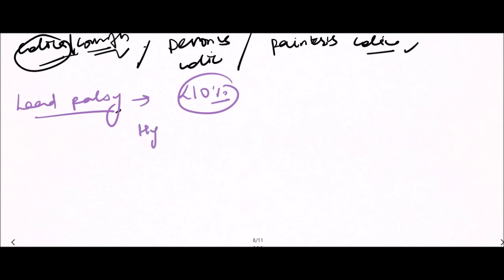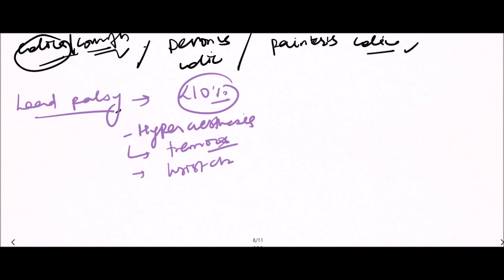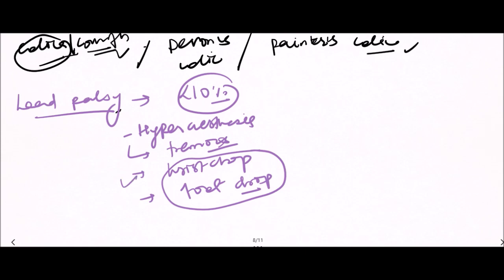There is hyperesthesia and there may be tremors, and as extensors are more prone to fatigue, that's why there is wrist drop, and involvement of the anterior tibial nerve causes foot drop. So wrist drop and foot drop are features of lead poisoning.